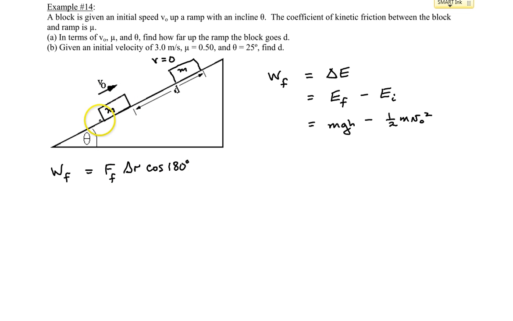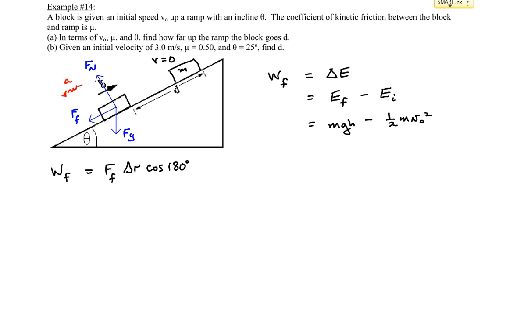So let's draw a free body diagram for this block. You should hopefully recognize that we'll have three forces acting on this. We have the force of gravity acting downwards, we have the normal force acting perpendicular to the surface, and we have friction going down the inclined plane because it's sliding up the inclined plane. And as it slides up, there is an acceleration a going down the ramp.